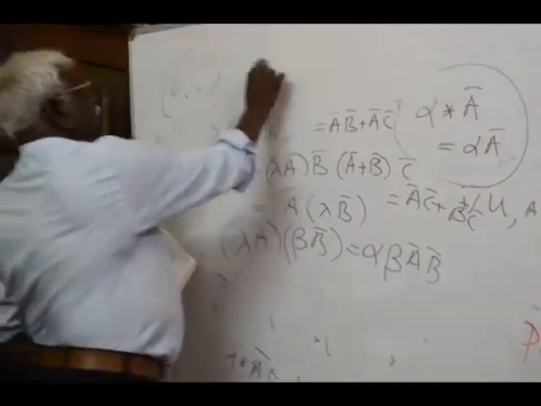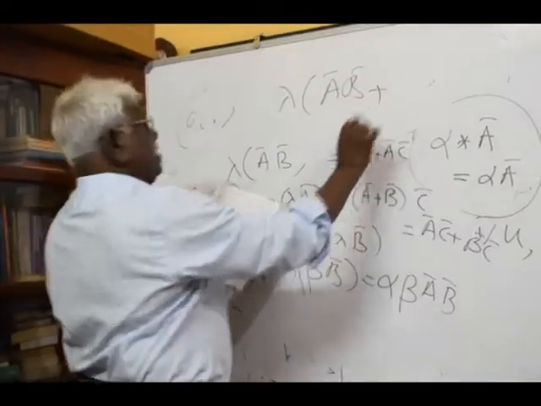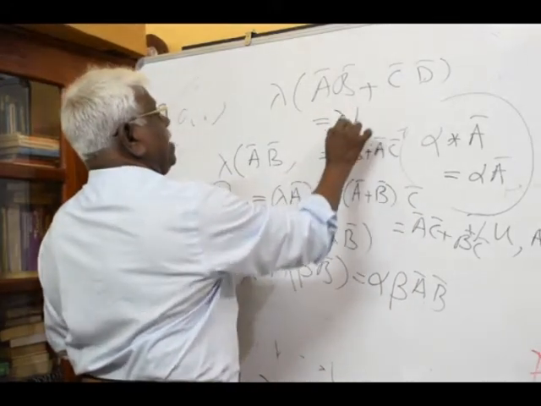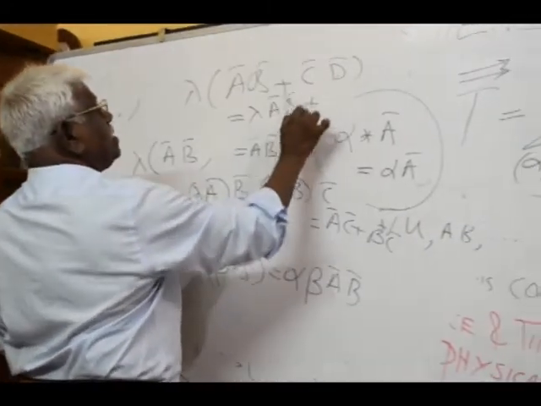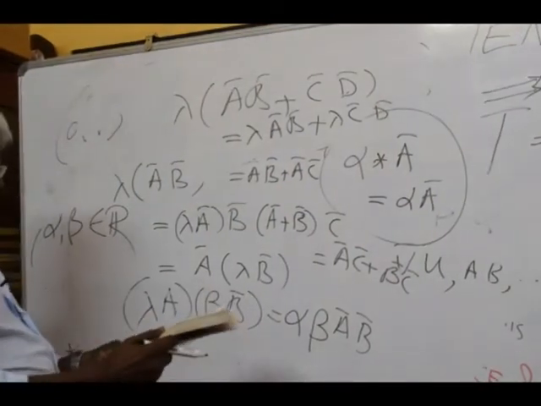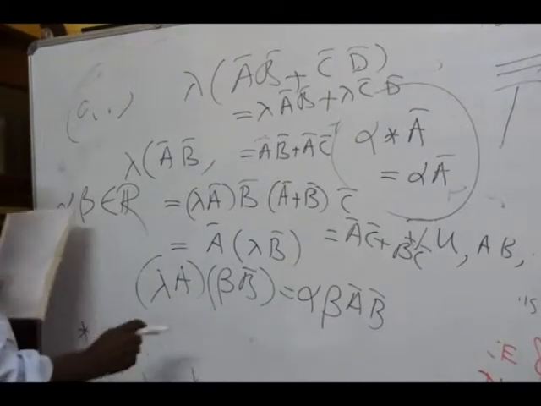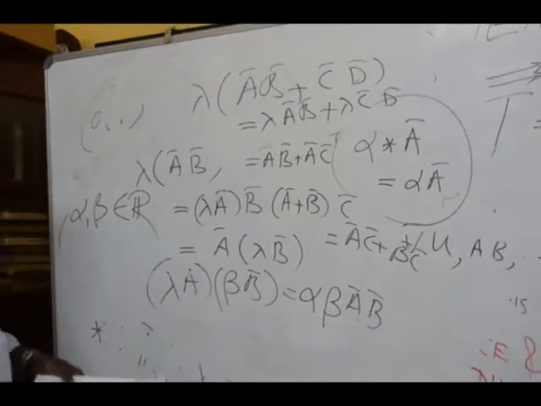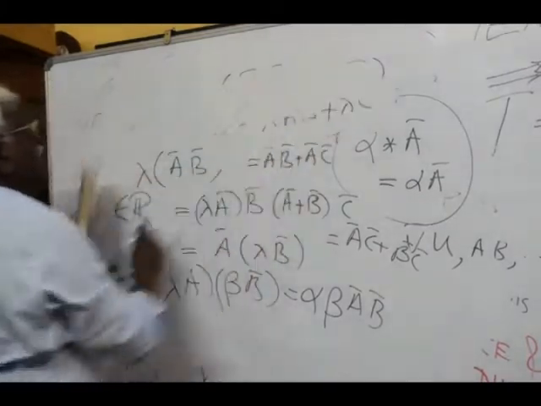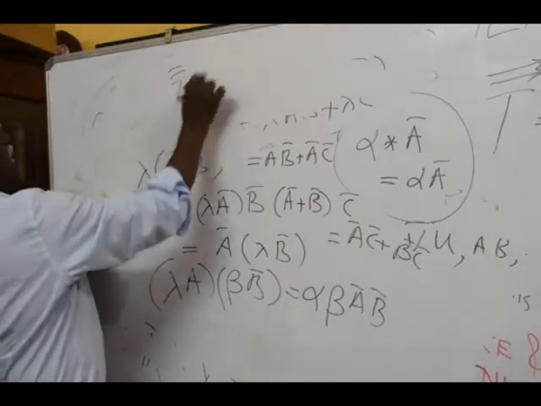Say lambda (AB plus CD) equals lambda AB plus lambda CD. Then let the second rank tensor T equal AB.